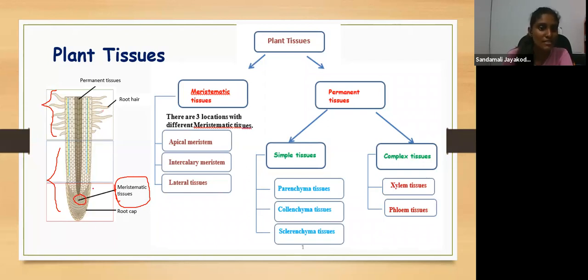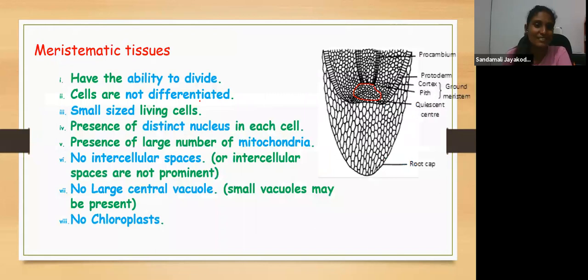But the cells in this meristematic region are not differentiated. The only thing they can do is divide and make another cell. So they are really small living cells.